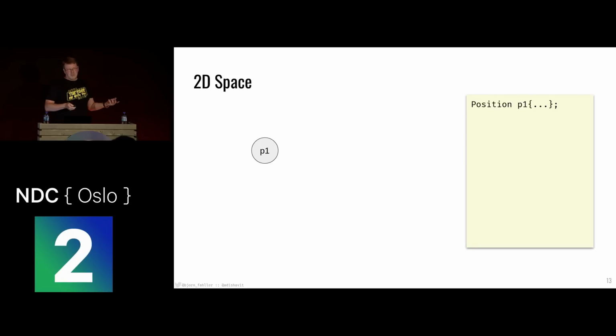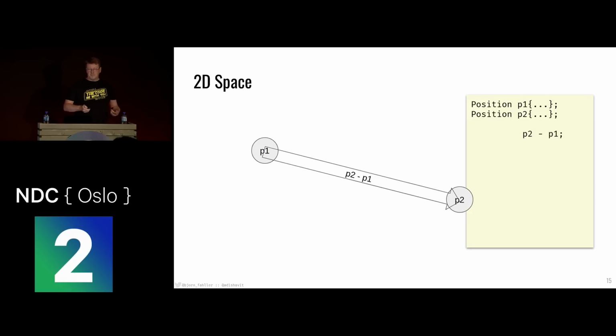And then we can have positions on our plane. So we have a position P1 and another position. What can we do with those? Well, we can, for example, subtract them. And the difference between two points is a vector that gets you from one of the points to the other.